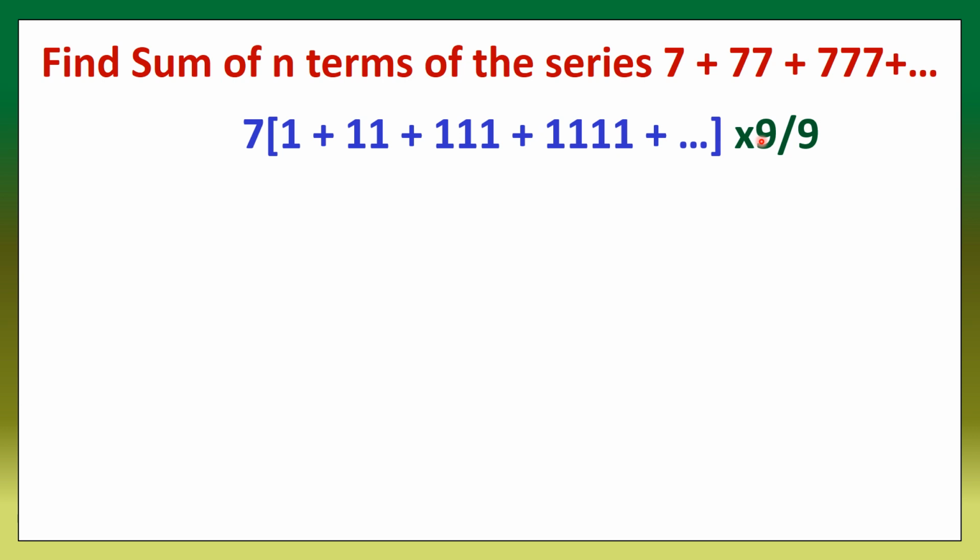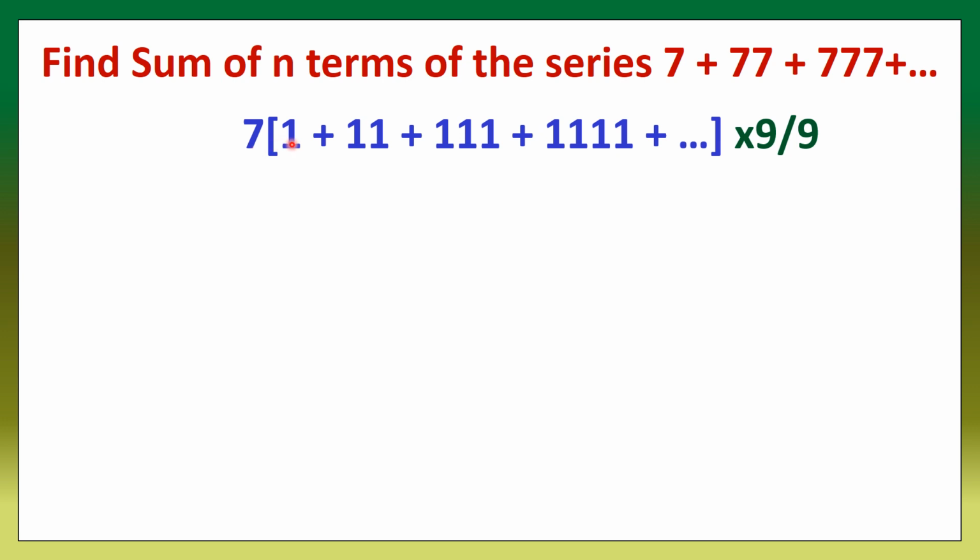For example, if 7 is multiplied and divided by 5, like 7 into 5 divided by 5, it is equal to 7. Similarly, a number 6, 6 into 3 divided by 3, that is equal to 6. So, any number multiplied and divided by the same number remains the same as the old number.